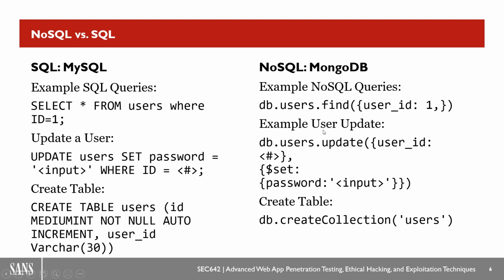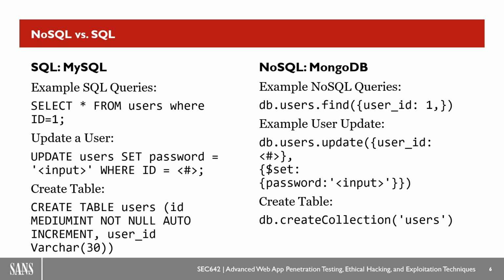Then we might have an update. But I might point out, notice the format of the find. So db.users.find, left bracket, curly brace, user ID : 1, right curly brace, right bracket. The format there is JSON, user : value, the name value pair.